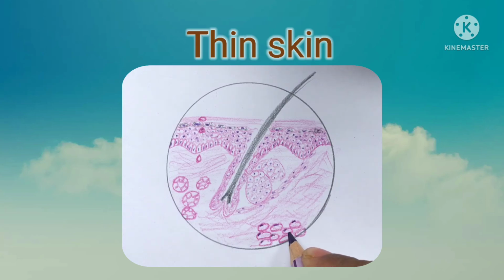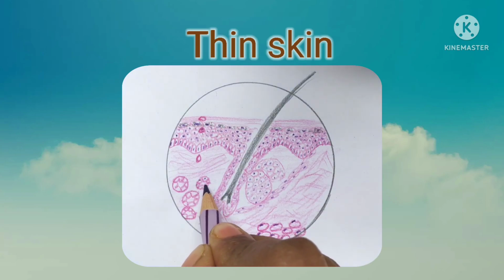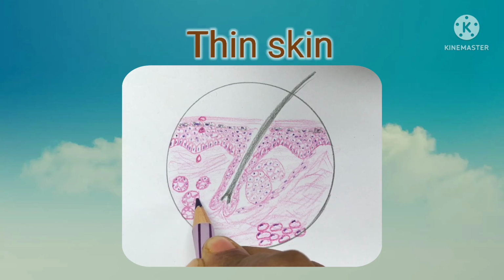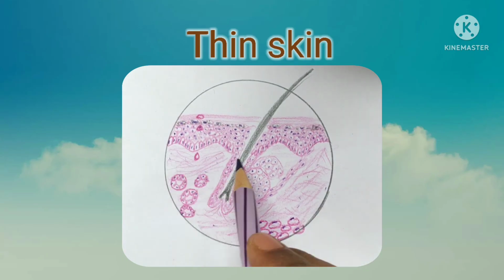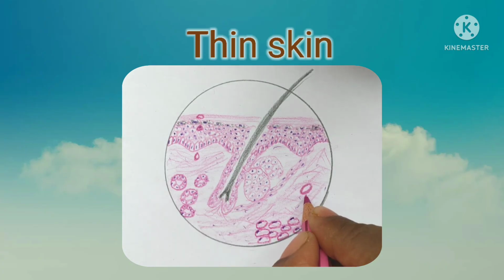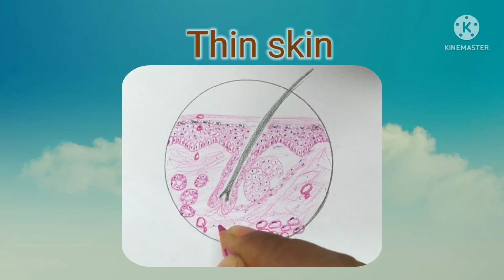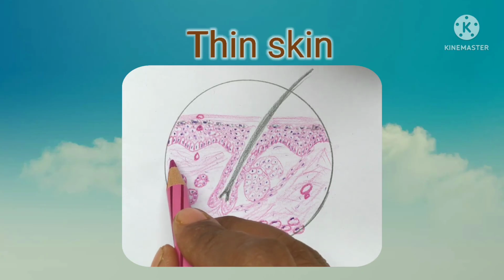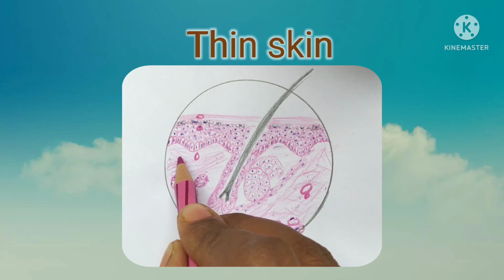So write a few adipose cells which represent the hypodermis. Write the blood vessels and between them nerves in the dermis. Nerves are wavy structures. These are the blood vessels. The nerves you can write like this.